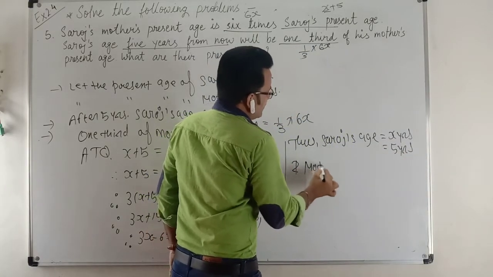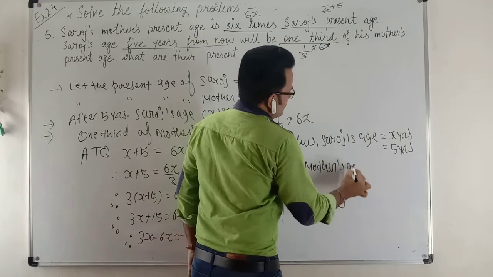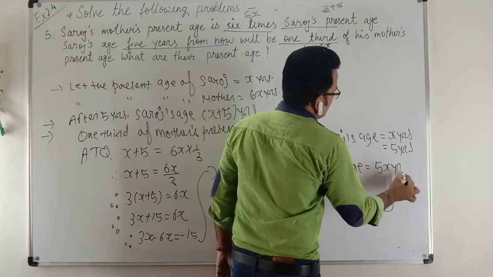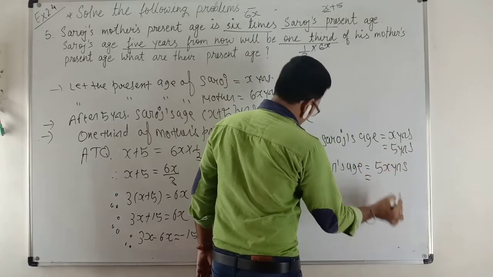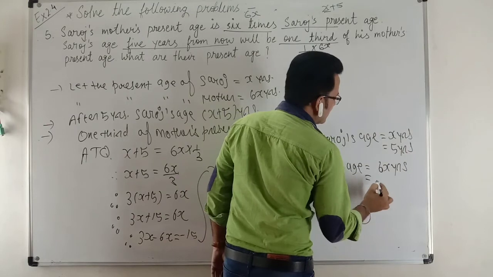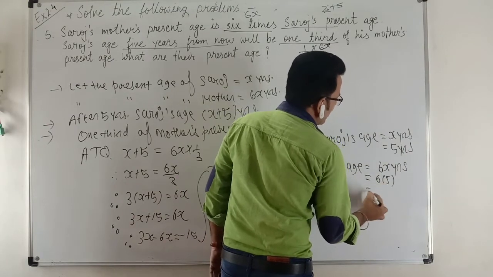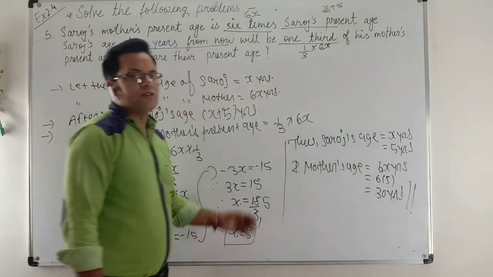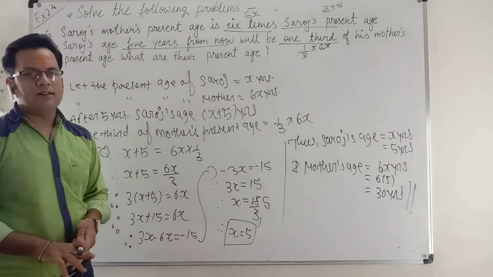And mother's age is equal to 6x years, is equal to 6 fives are 30 years. So this way you can solve the sum.